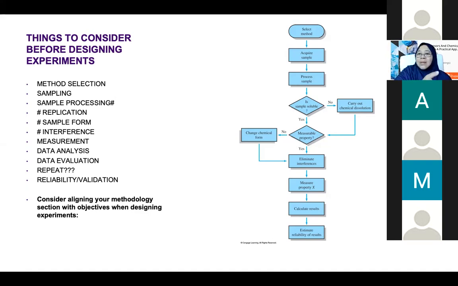Let's say you want to sell the method, so you have to send the same sample to an accredited lab and look at whether you get similar results. You have to do the F test, the T test, and check the precision as well as the accuracy. So it's a tough job.